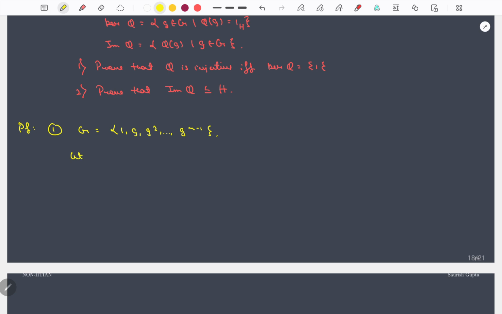The only thing we need to prove here is that these elements are distinct, because the rest of the structure is automatically there from the definition. So let g to the power k and g to the power j be from G, with k not equal to j.